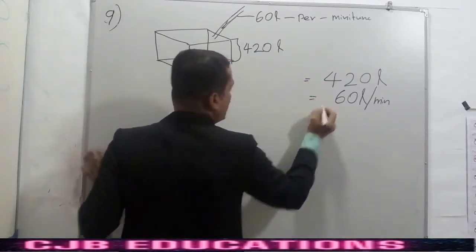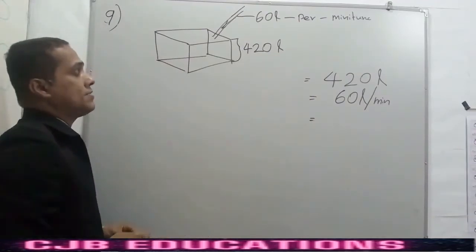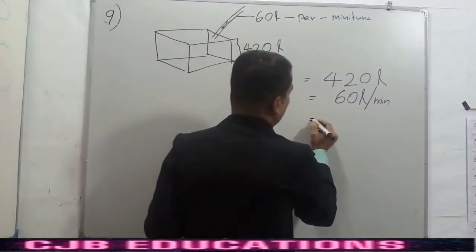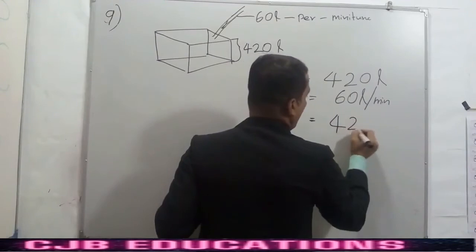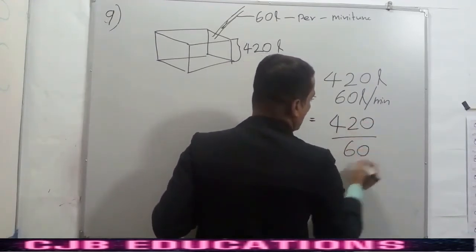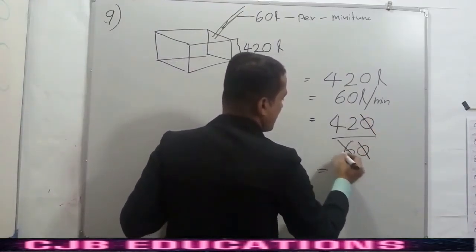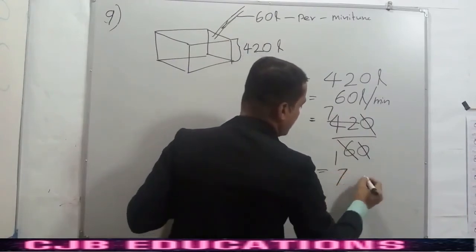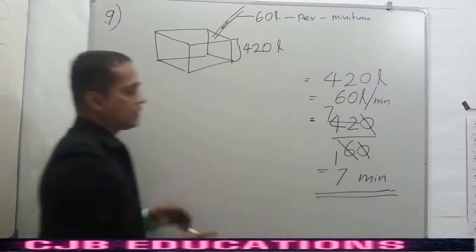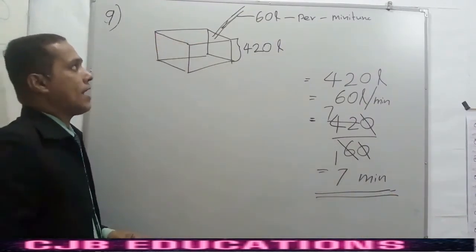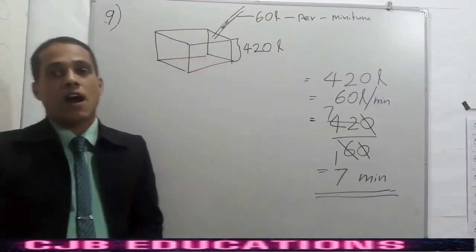Now the question asks how long it takes to fill this tank. Then we divide 420 by 60 to get the time in minutes. Cancelling the zeros, 6 times 7. Then 7 minutes is the time taken to fill this tank from this pipe. So 7 minutes is the correct answer.